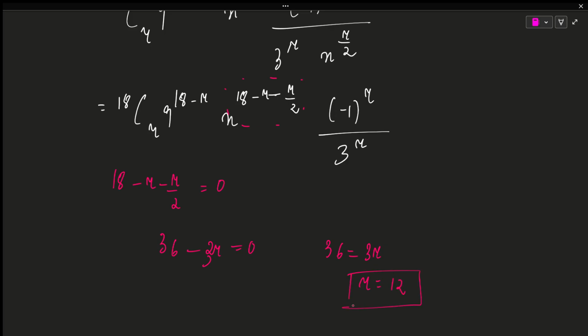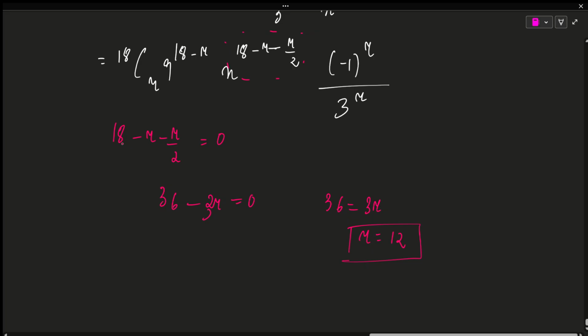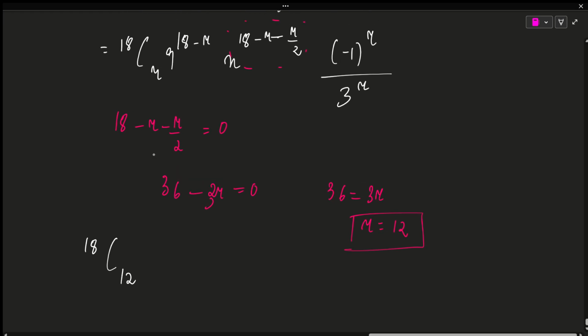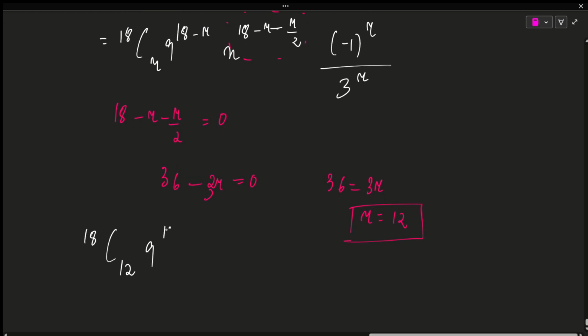If r is equal to 12, now I need my coefficient. So this is gonna be 18C12, 9 to the power 18 minus 12, minus 1 power 12 becomes 1, and on the bottom I have 3 power 12.